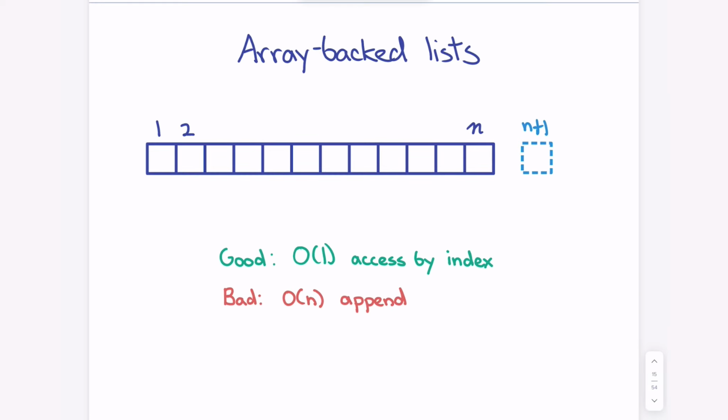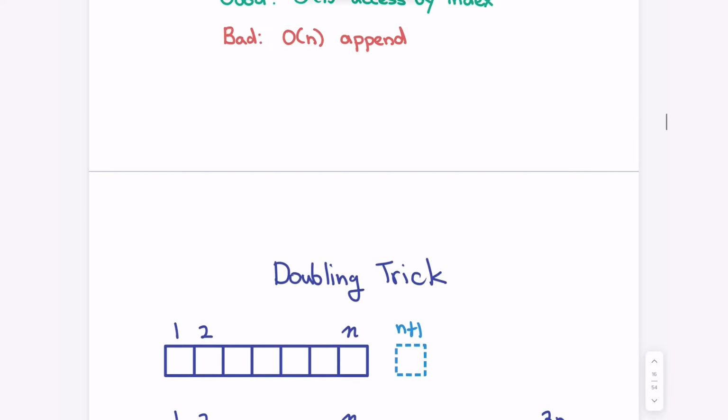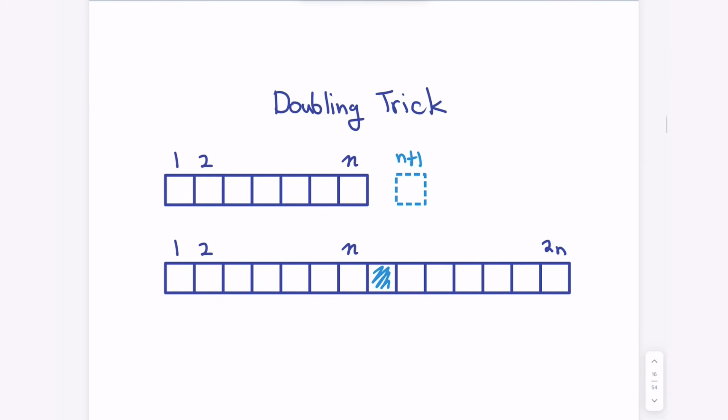Another thing we looked at last class was array backed lists. The basic thing is arrays are great because you can access them in constant time. The only issue is that when you're appending, if you run out of room, what are you going to do? Make a whole new array? Of course that's very clumsy, but if you just do this trick where you double each time, so as soon as I run out of room, I just make an array twice as big, fill up the next slot, and copy everything over, there are many different ways to argue that this is not so bad on average.